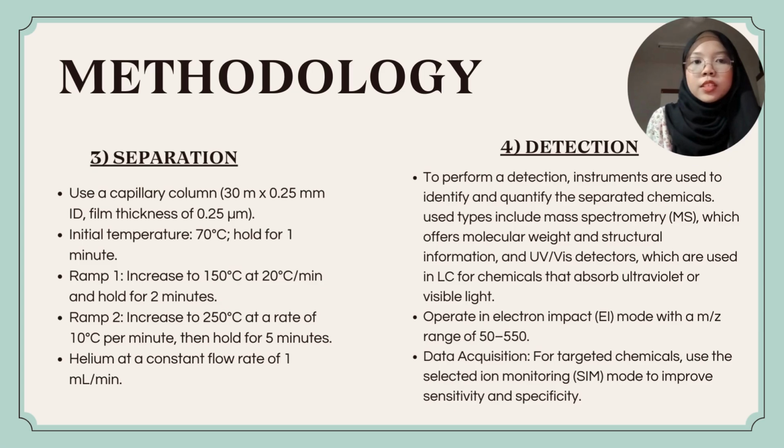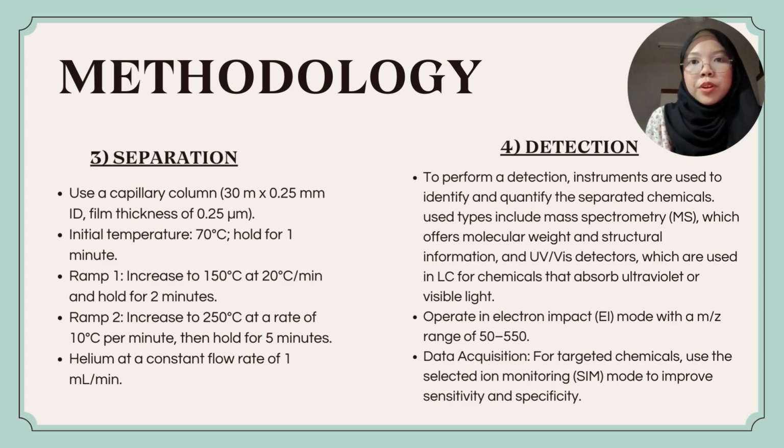Next one is detection. To perform a detection, instruments are used to identify and quantify the separated chemicals. Used types include mass spectrometry, which offers molecular weight and structure information, and UV-vis detectors, which are used in LC for chemicals that absorb ultraviolet or visible light.